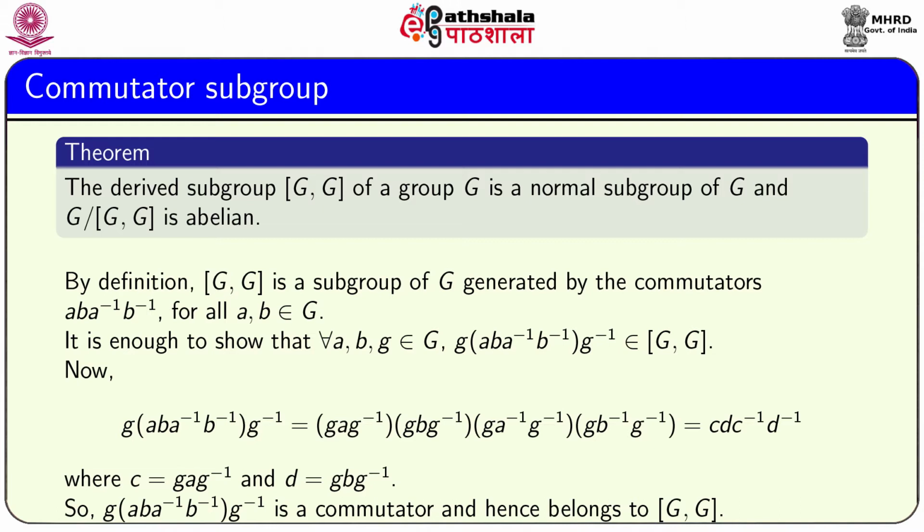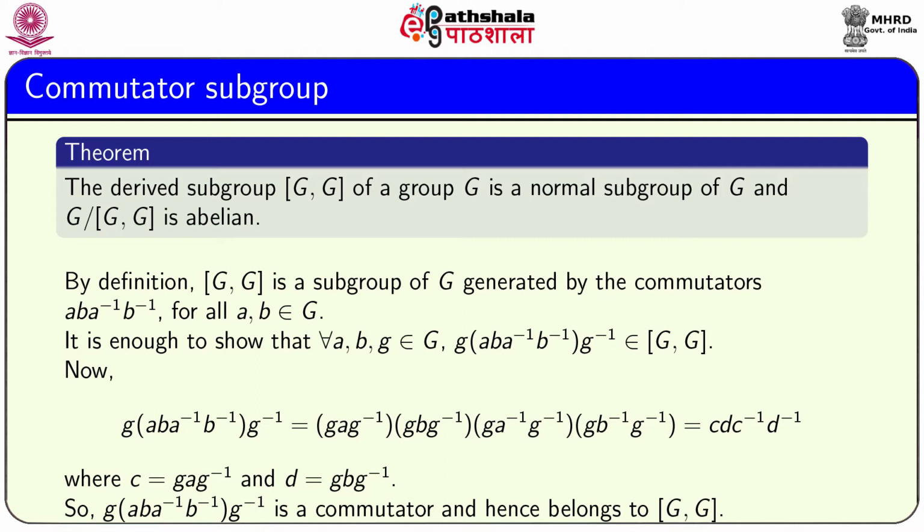Now, if we take g A B A inverse B inverse g inverse and plug in g g inverse in between A, B, A inverse and B inverse, as we know that g inverse into g is always the identity element, so that will not affect the element g A B A inverse B inverse g inverse.